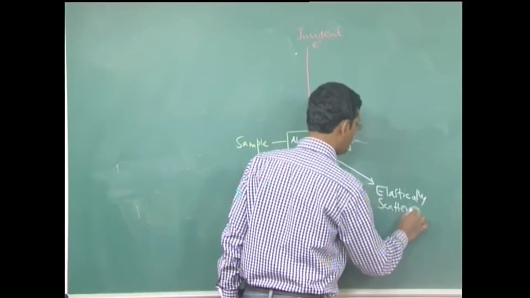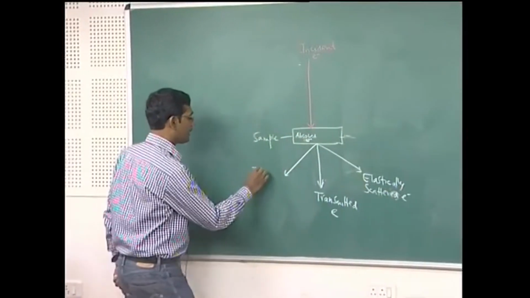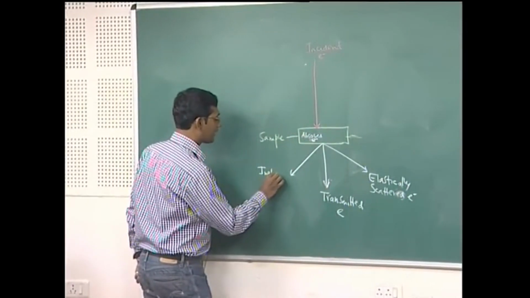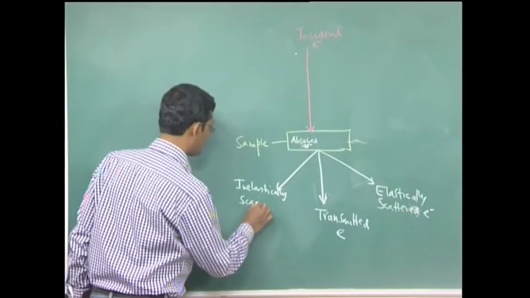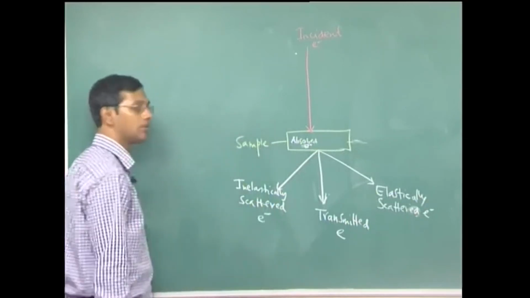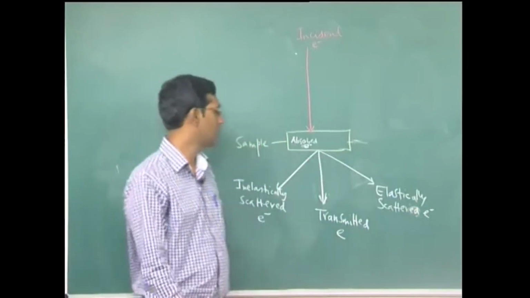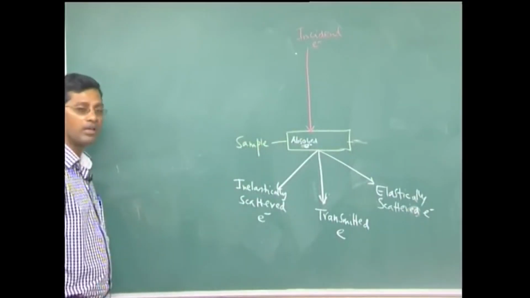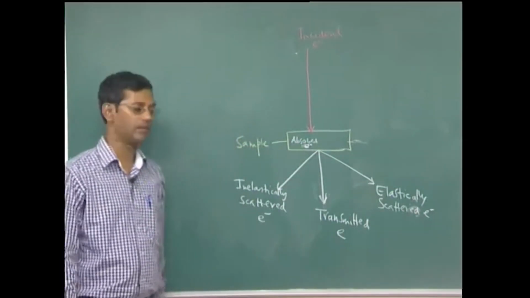or we can call them elastically scattered electrons, and the other electrons can be inelastically scattered electrons. Elastically scattered electrons are the ones which undergo the normal electron diffraction and form the electron diffraction pattern.